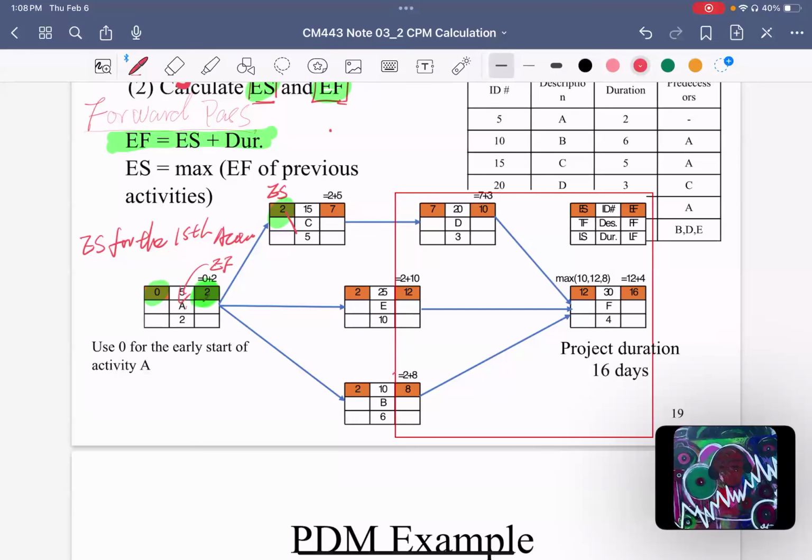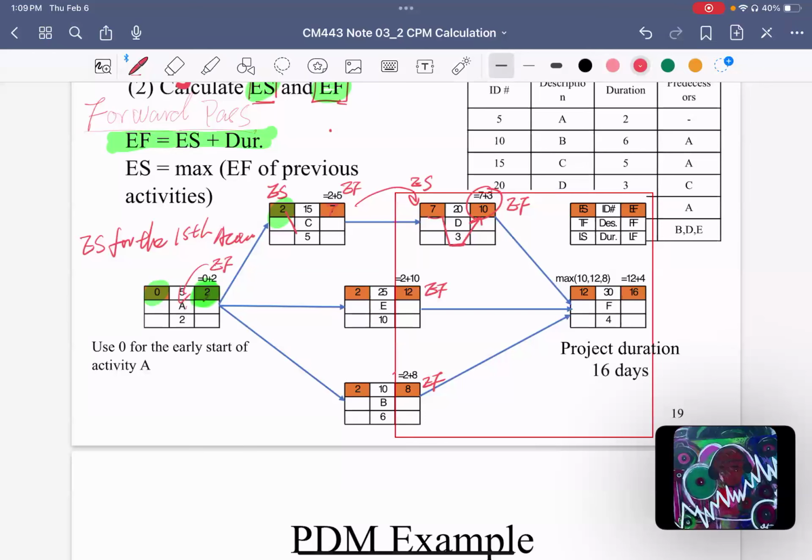D is quite easy because this 7, the early finish time, came to here as the early start time, because D is next to C. Another thing: we know this 7, and using the 7 plus this 3, we get 10. So that is where this 10 comes from. Those are the early finish times.